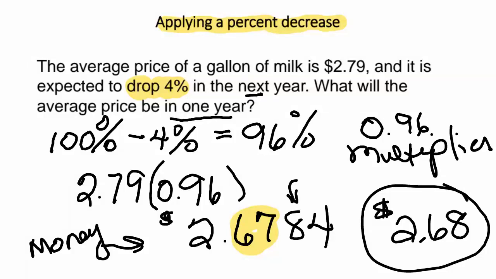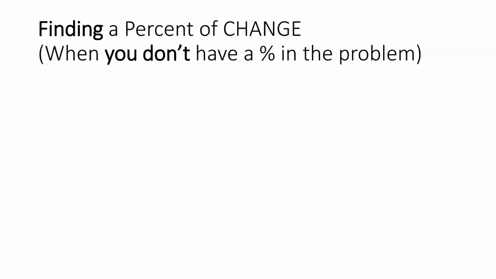Watch the words. Now, this is where we have a difference. Notice that this problem has a percent in the story. Well, what happens if I don't have a percent? That's what the remainder of this section is going to talk about.